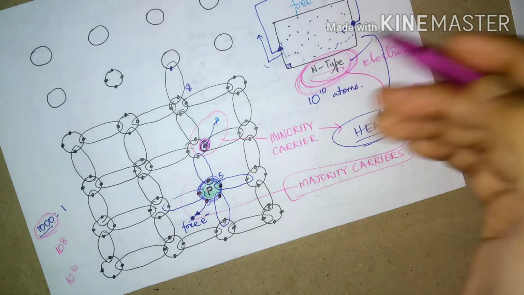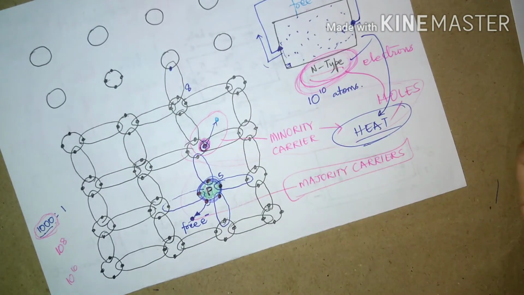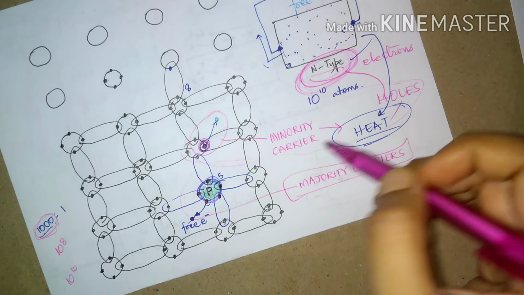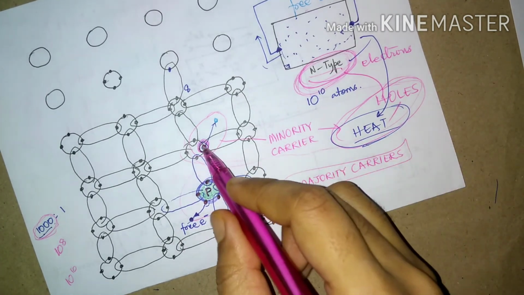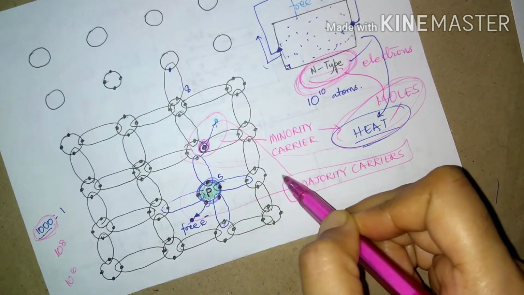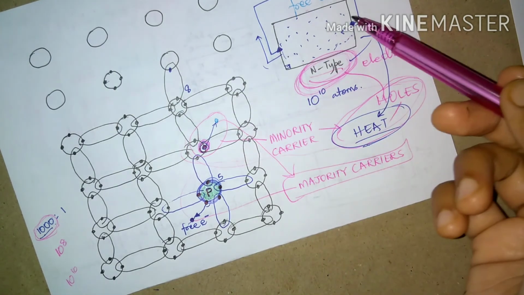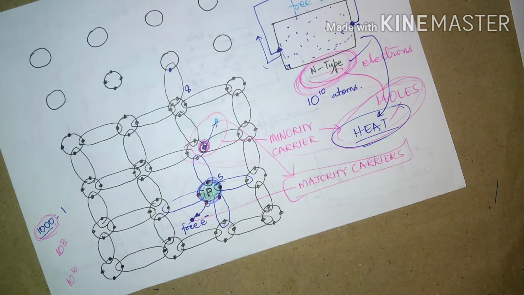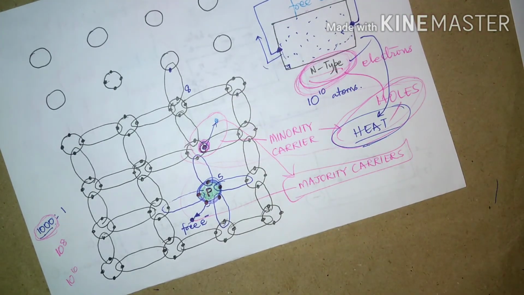Anyway, even if you add or not, these minority charge carriers will get created as soon as you bring those into some room temperature or some hotter temperature conditions. That is why you get holes as minority charge carriers, and once this electron becomes a free electron, it gets included into the majority charge carriers because you cannot differentiate an electron from another electron, and it continuously moves from one bond to another bond.